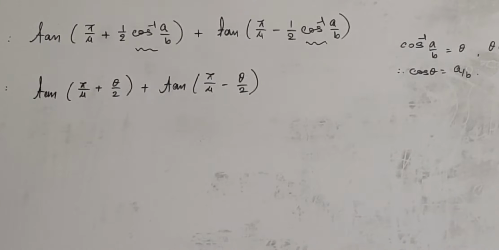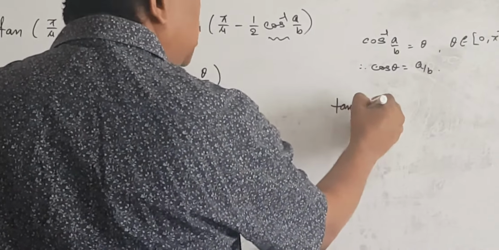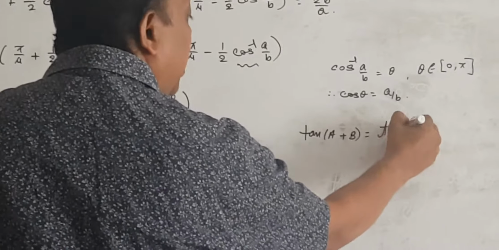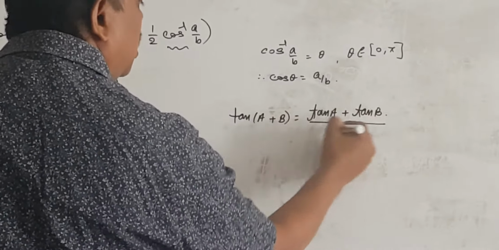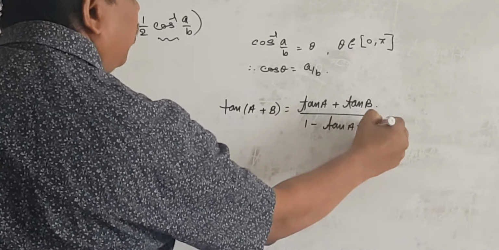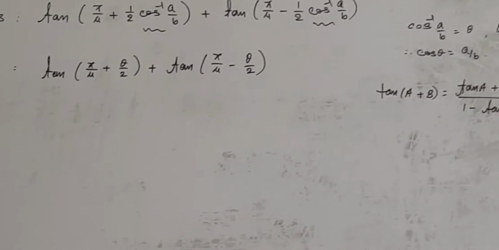Is that clear? You also know the formula tan(A + B) = (tan A + tan B)/(1 − tan A tan B). If it is a minus sign, then you just change the sign in the formula.